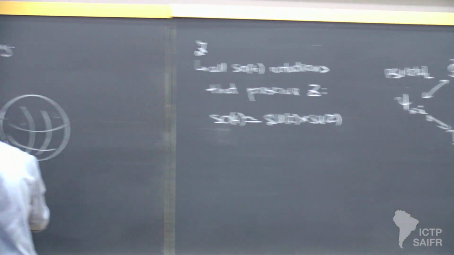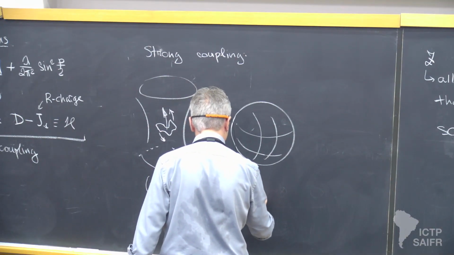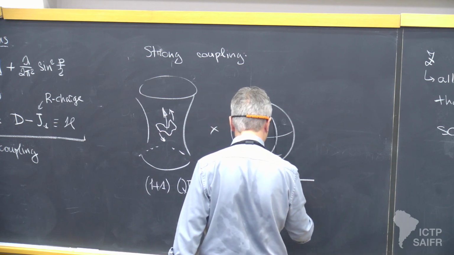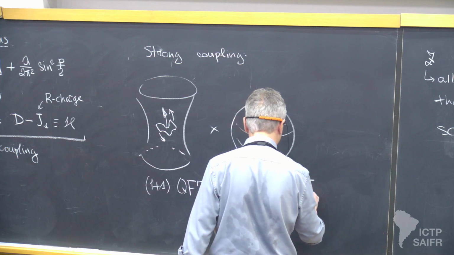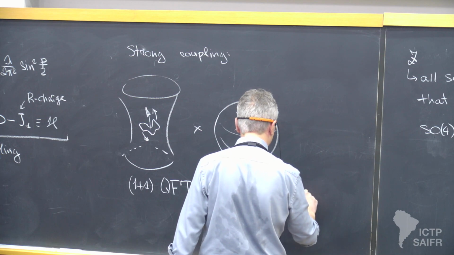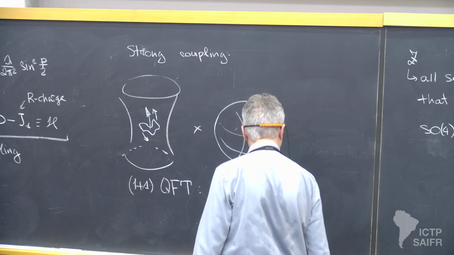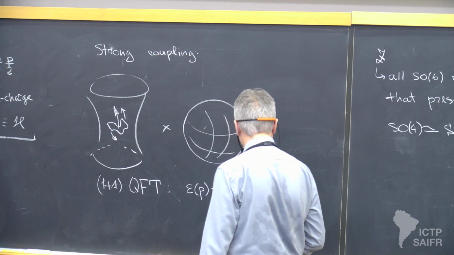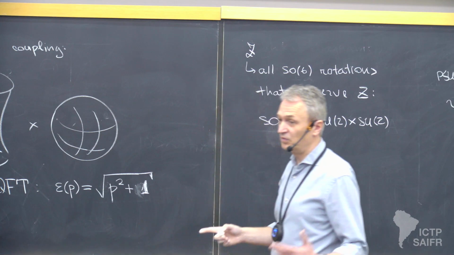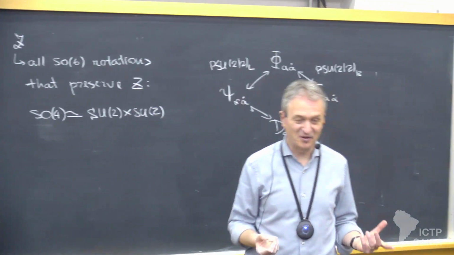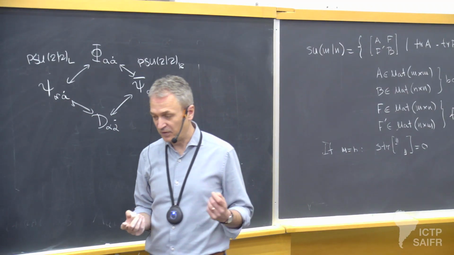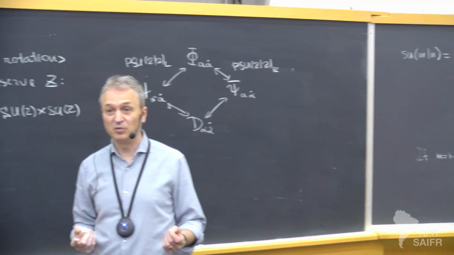And these particles, to the leading order, you may expect will have a relativistic dispersion relation, p squared plus m squared. You may be more familiar with the case where they are massless. If you consider string theory in flat space, then string modes are simply free massless particles propagating on the worldsheet.